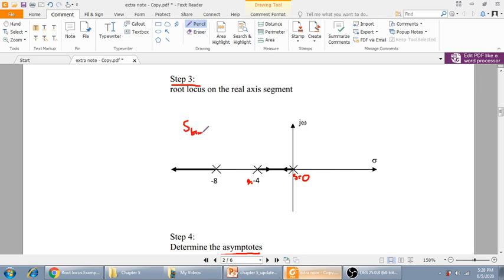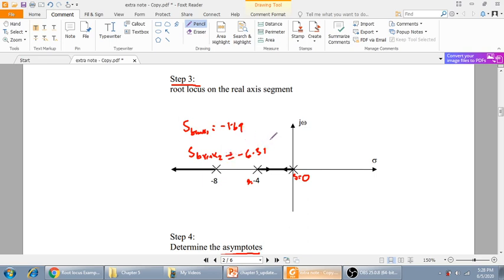S break 1, we got minus 1.69, and another, S break 2, equals minus 6.31. So you got these 2 points.